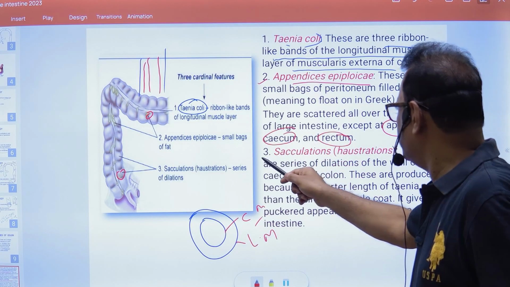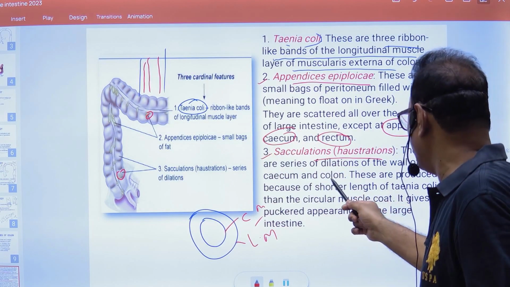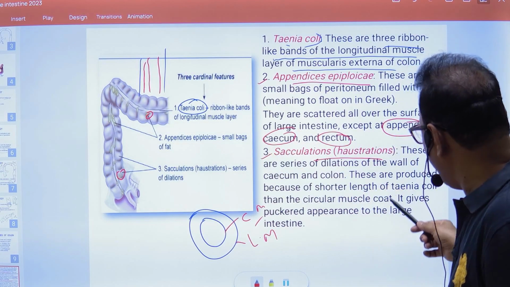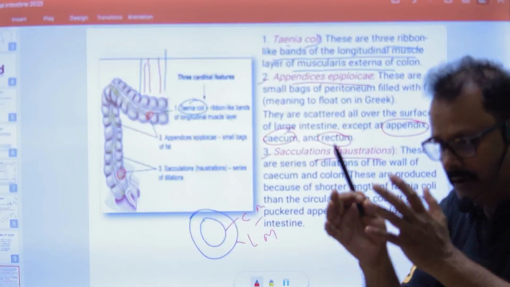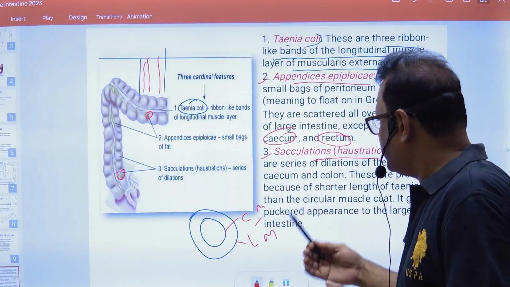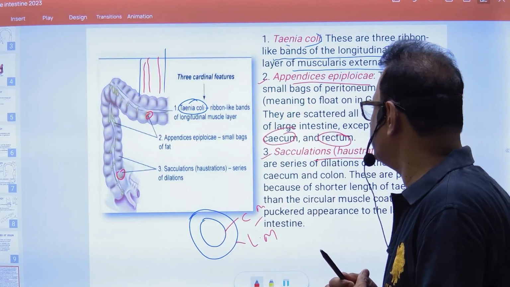Then finally, we have got the sacculations or the haustration. They are a series of dilatations of the cecum and the colon. They are produced because in the large intestine the length of the circular layer is one-sixth more than the longitudinal muscle outside.